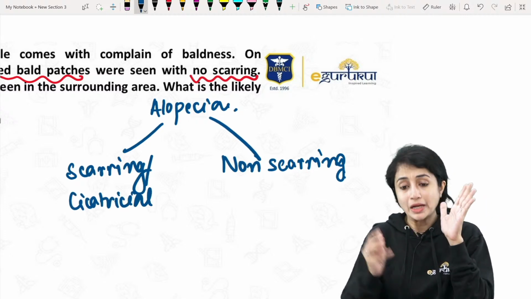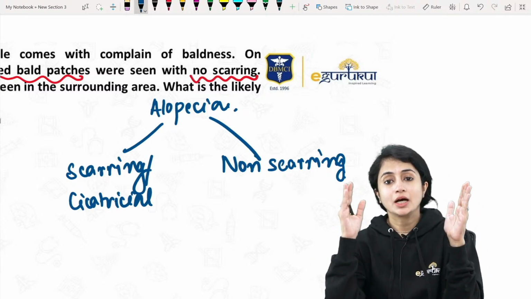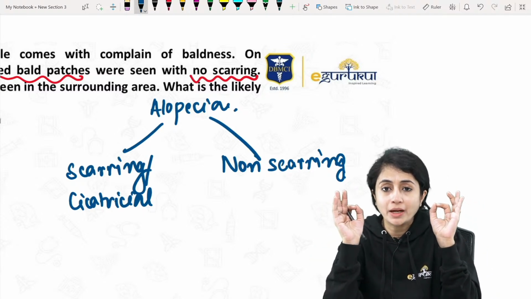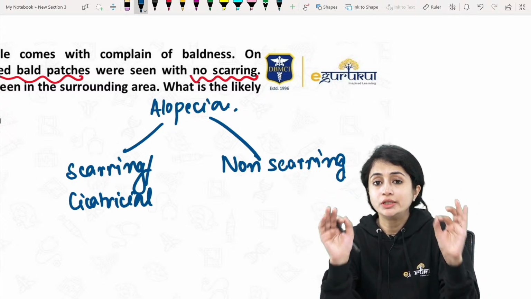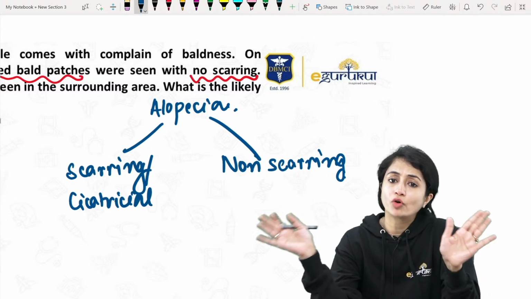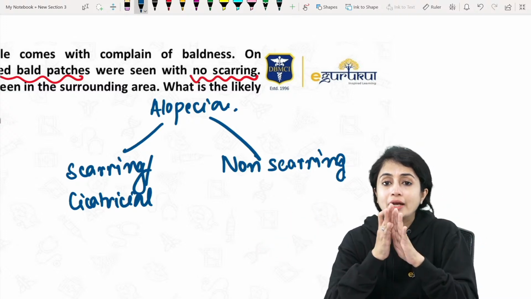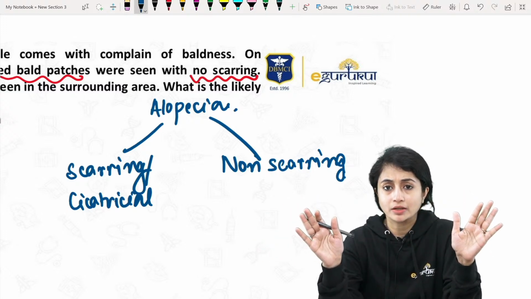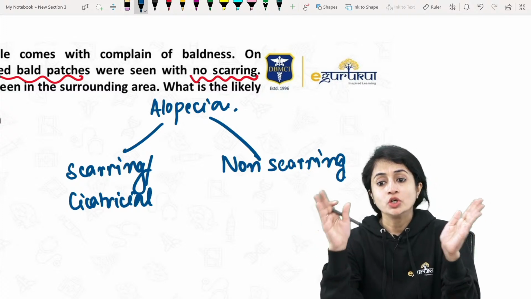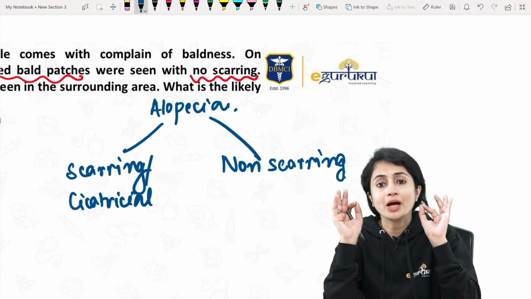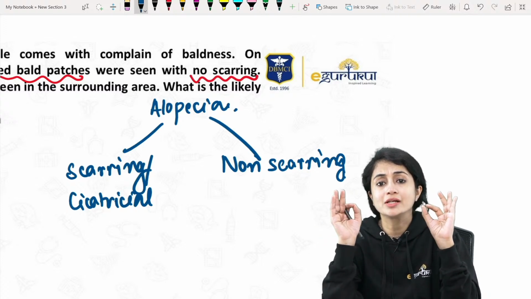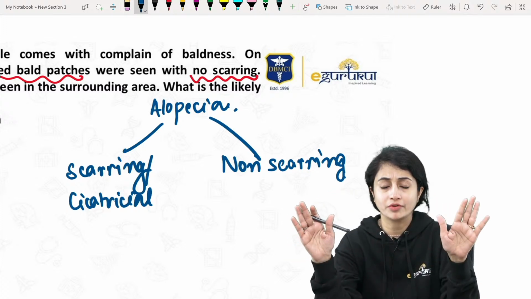Now, why am I classifying it like this? Scarring means my pathogenesis is affecting the stem cells. So here my whole hair follicle gets destroyed and I do not get my hair back. Non-scarring, on the other hand, would mean that my hair root or hair stem cells are not getting affected.